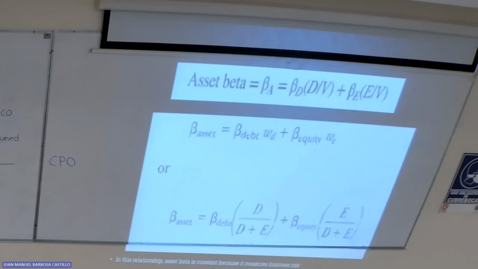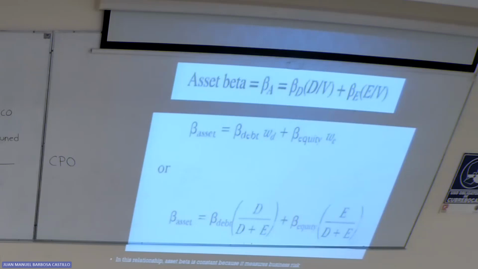If we issue a callable bond, do we have the debt beta? Yeah, we do, even if it's fixed rate, because I do not control the decision of the maturity of that.